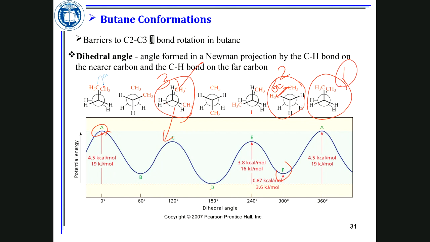Stability for 3 is greater than 1. So we have 1 energy level, 2 energy level, 3 energy level, and 4 energy level for 4 different conformers. The totally eclipsed and the anti are the same.